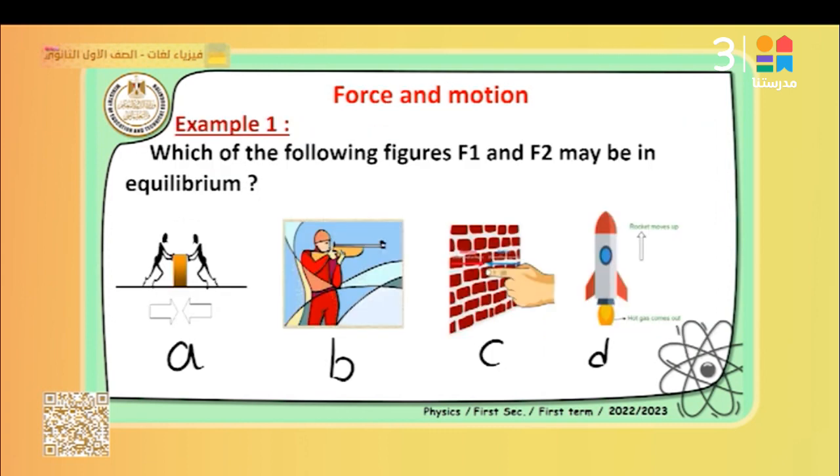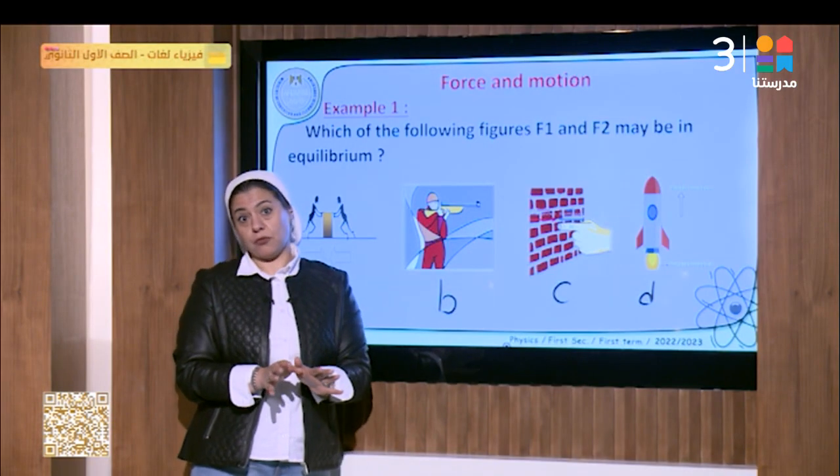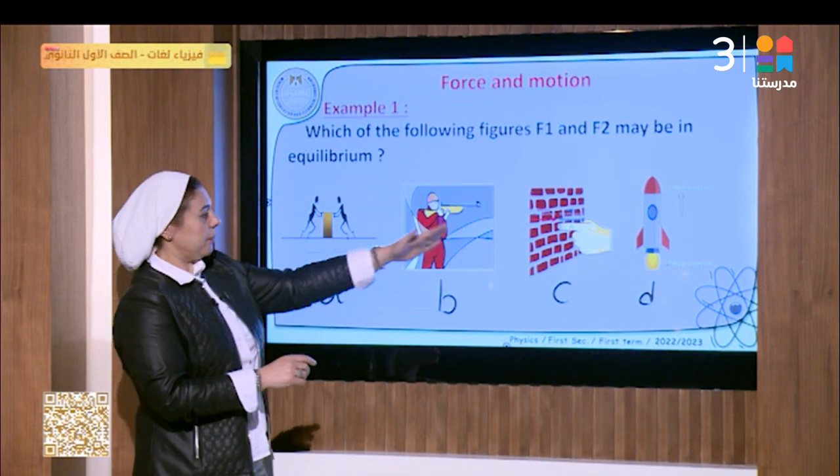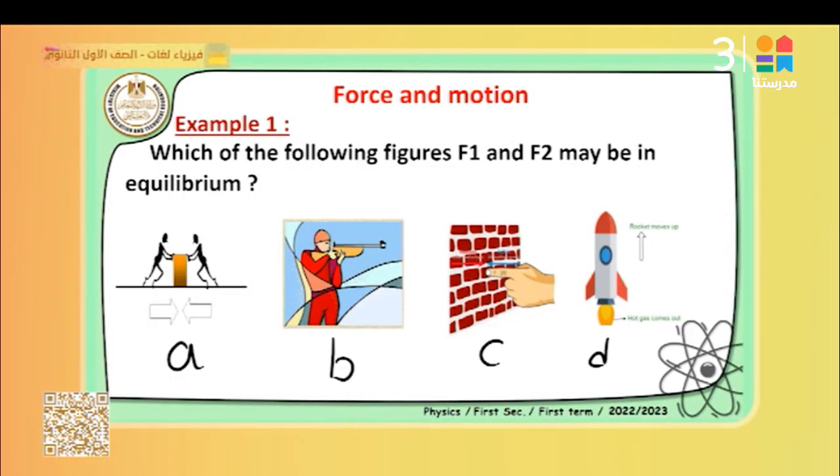For these examples, just to be sure of the comprehension of Newton's third law, if you have these photos, which one of them is not an application of Newton's third law? Photo A, B, C, or D?